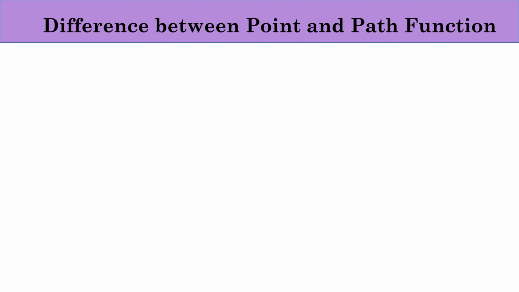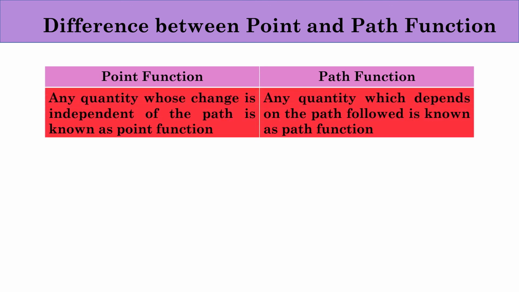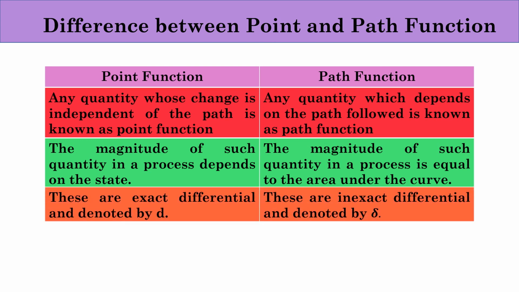Let us compare the point function and the path function. Any quantity whose change is independent of the path is known as a point function, whereas a quantity which depends on the path followed is known as a path function. The magnitude of a point function depends on the state, whereas the magnitude of a path function is equal to the area under the curve.